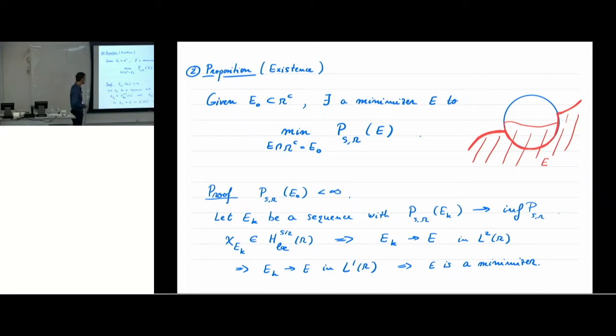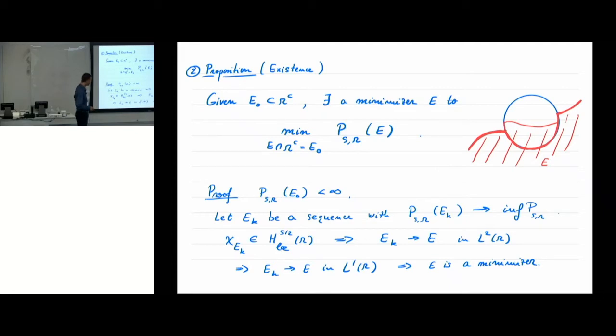Then you can take a minimizing sequence E_k that goes to the infimum. The perimeter is always positive, so the infimum is bounded below. Now, once you assume that the perimeter of the E_k is finite, you get that locally, if I take a small ball inside this omega, the characteristic function of E_k belongs to the H^{s/2} space, which is compactly embedded in L2.